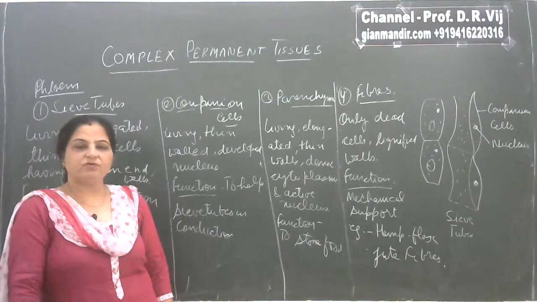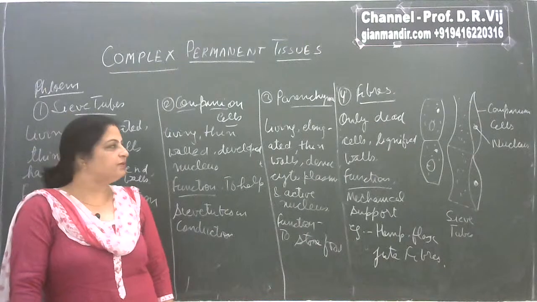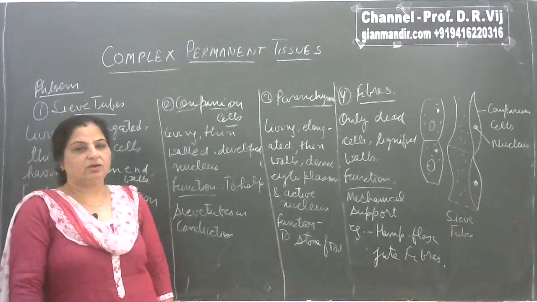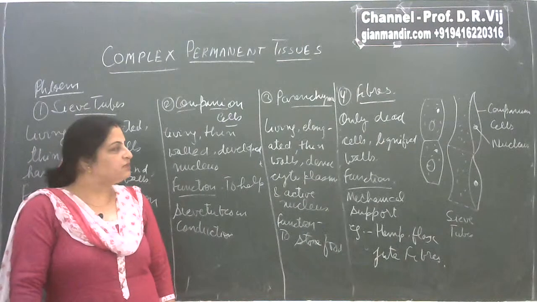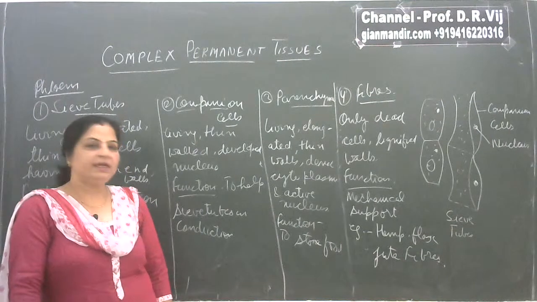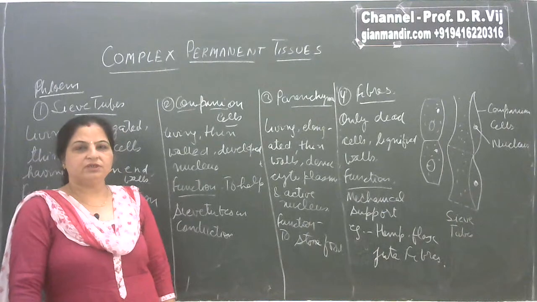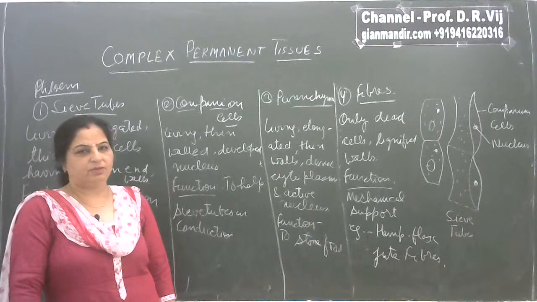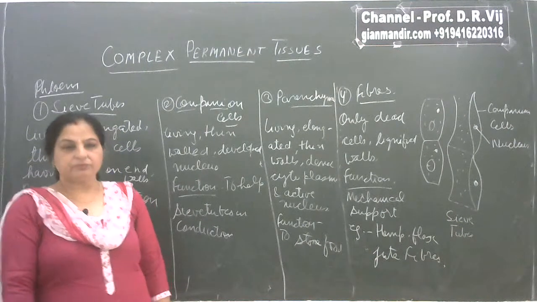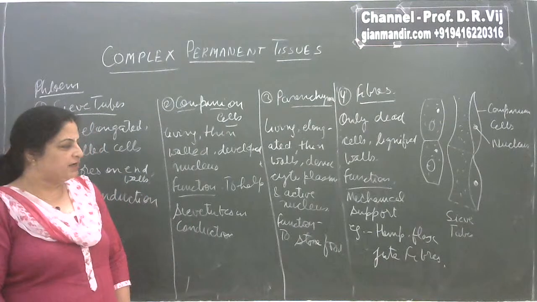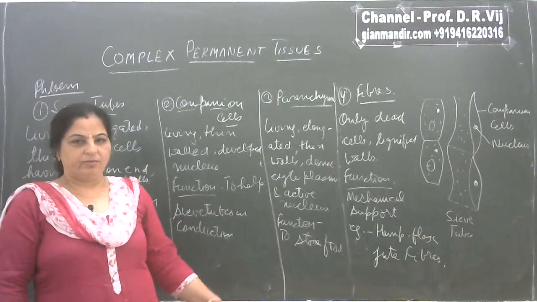And the last type of component of phloem is phloem fibers. That is the only dead component of phloem, and these fibers have highly lignified, thick walls, dead cells, and their function is providing mechanical support to the plant, and they remain associated with the other components.